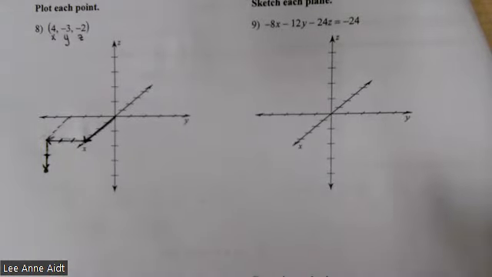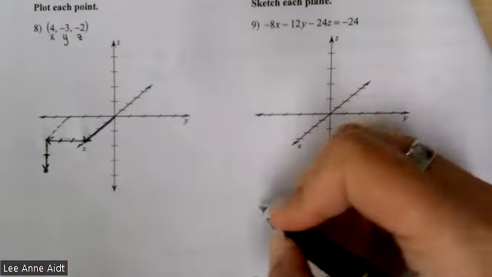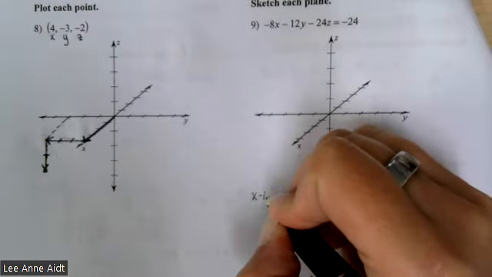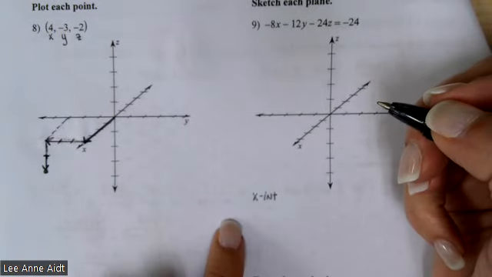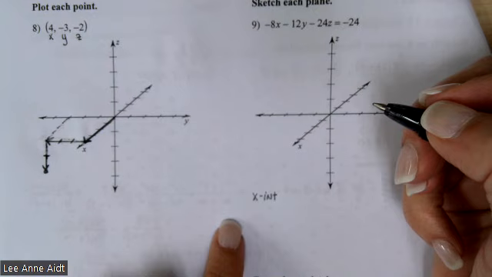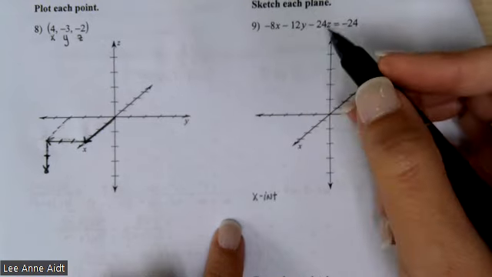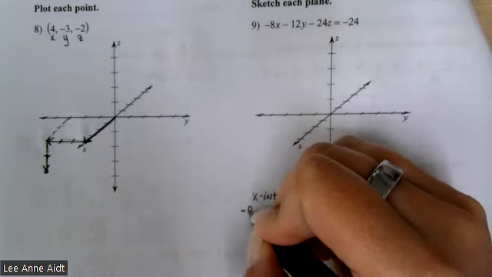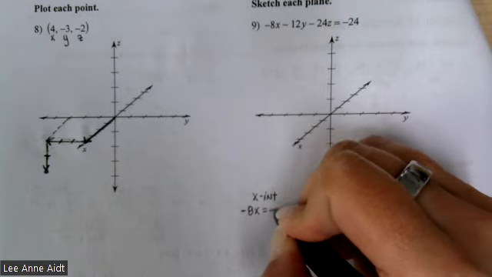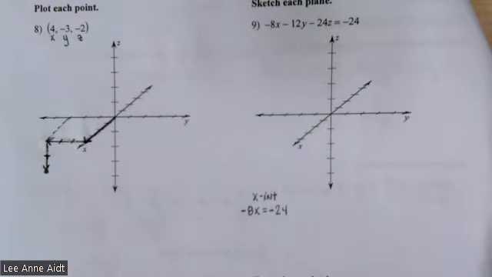All right, so sketch each plane. So we're going to do the X intercept. The X-intercept means Y and Z will both be 0. So you have -8x equals -24.